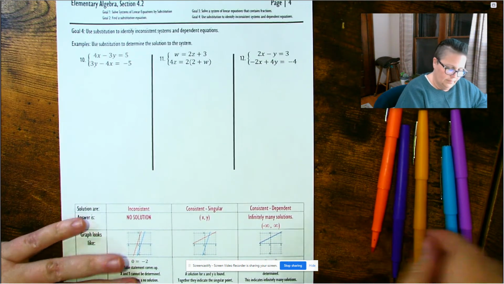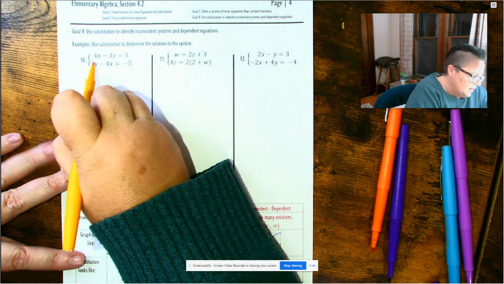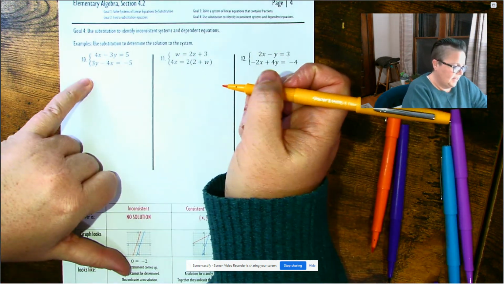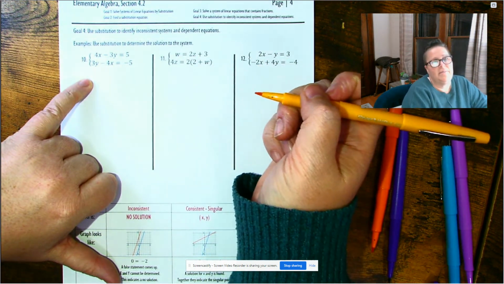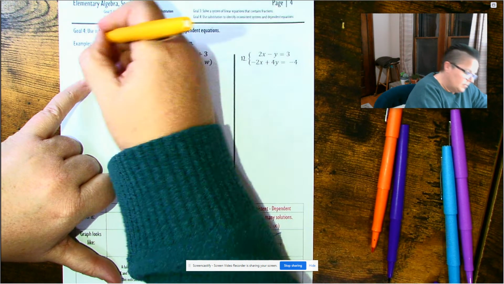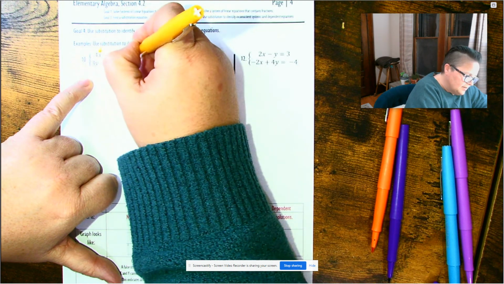So let's see. Okay. So here I have 4x minus 3y is 5, and 3y minus 4x is negative 5. It does not matter which one I solve for. I'm going to go here, and I'm going to solve for x in that first equation.